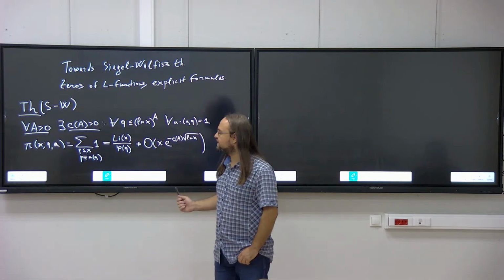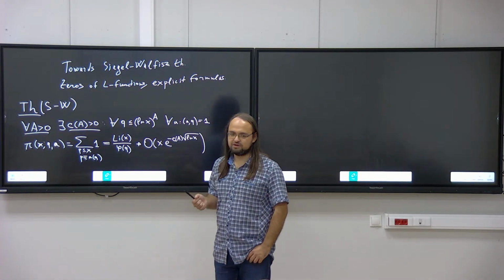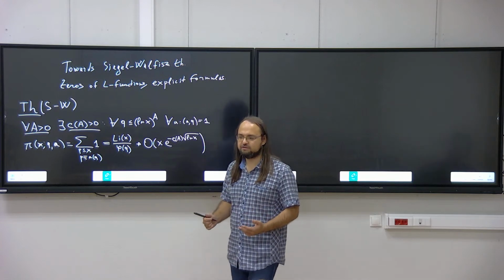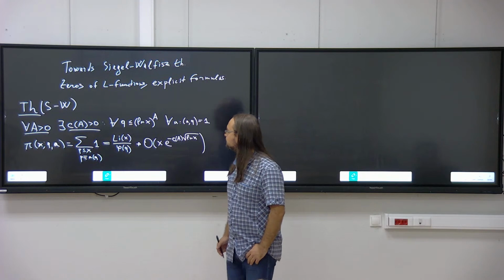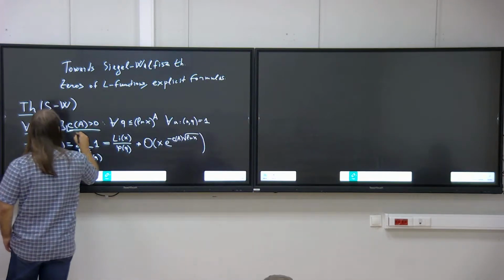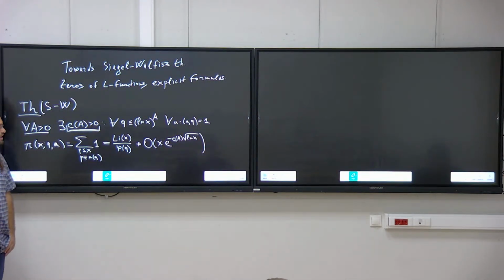And this theorem is one of the main sources of non-effective results in analytic number theory, because this constant C of A, as we will see, is completely ineffective. So when A is at least 2, there is no way to compute this constant at all.